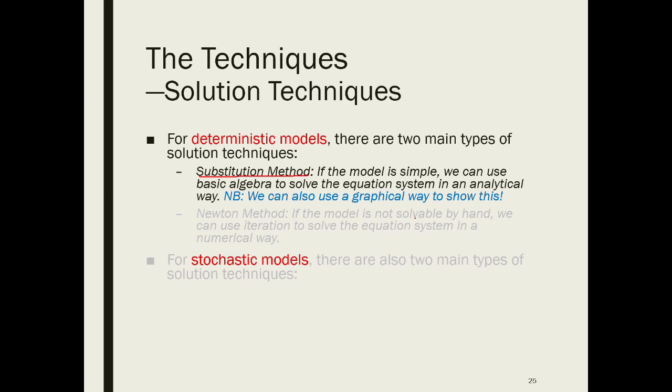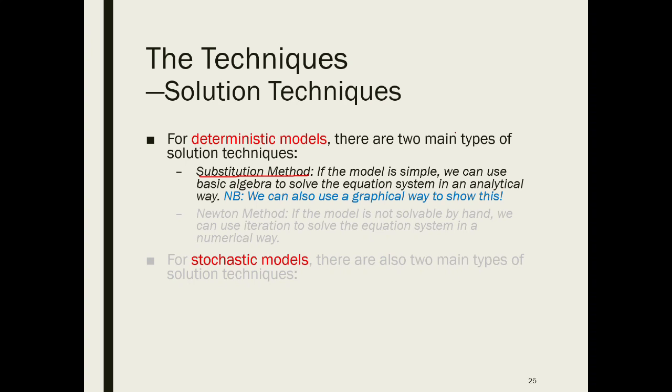For example, in the two unknown equation system, x plus y equals 1 and x minus y equals 2, we basically express one of the unknowns, say y, by x in the first equation. That is, y equals 1 minus x. And then substitute y in this equation into the second equation so that we end up with only one unknown, that is x.